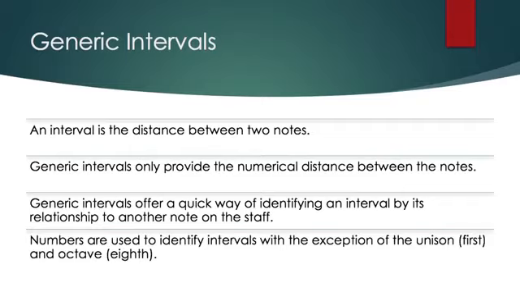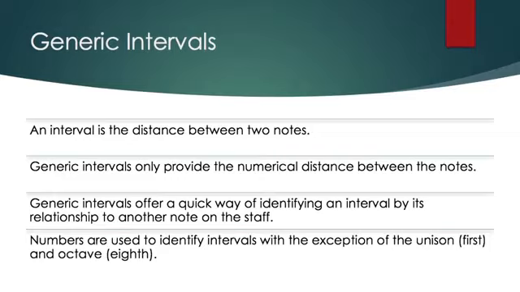So that means that if I ask for the generic interval between C4 and G4, the answer would be a fifth, because you've got C, D, E, F, G. That's 5 notes. The distance on the staff is 5 notes. So that's all the generic interval tells you.